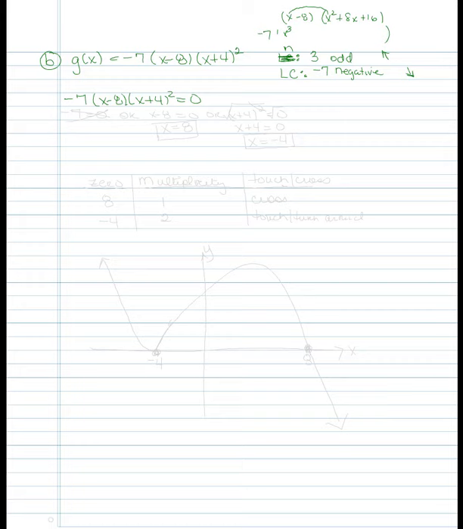It's already in factored form. All you need to do now is set each factor equal to 0. -7 equals 0, x minus 8 is equal to 0, or x plus 4 squared is equal to 0.